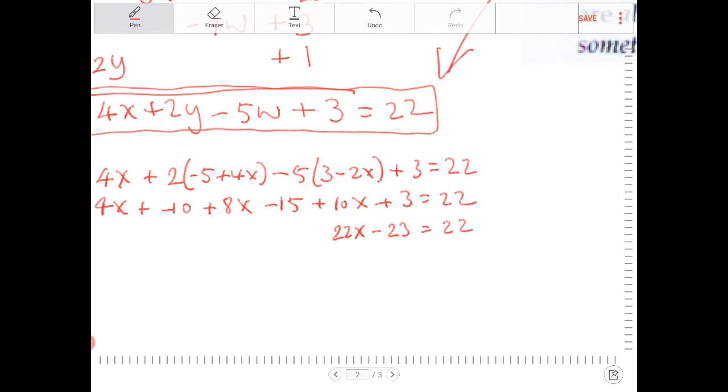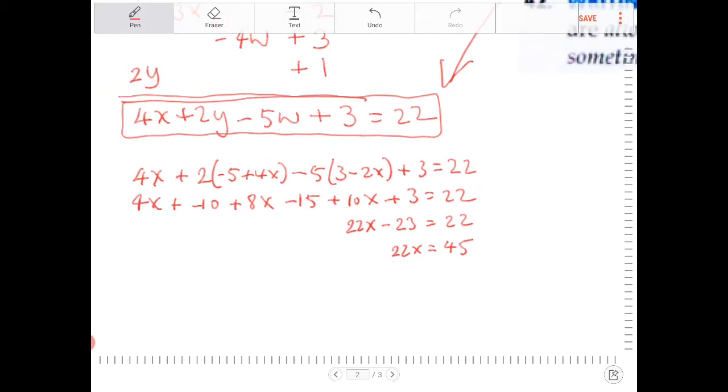Add 23 to both sides, I end up with 22x is equal to 45, and dividing by 22, x is equal to 45 over 22.